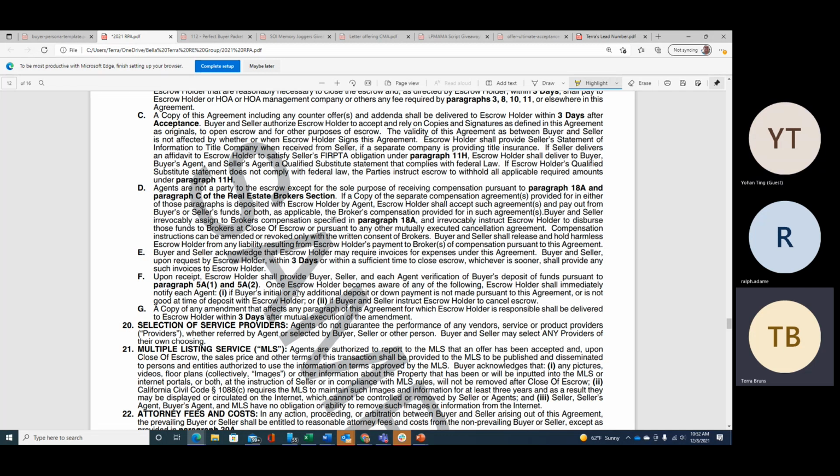Number 1, if buyer's initial or any additional deposit or down payment is not made pursuant to this agreement, or is not good at the time of deposit with escrow holder, or if buyer and seller instruct escrow holder to cancel escrow. So if the seller calls escrow and says, hey, we have to cancel, we can't find our replacement property, escrow then has the obligation to call the buyer's agent and say, hey, sellers are canceling, they can't find a replacement property.